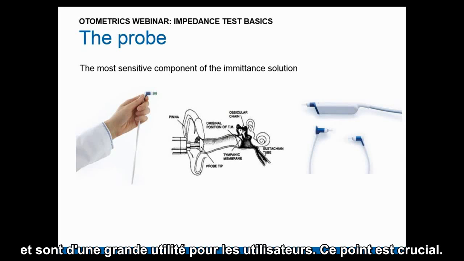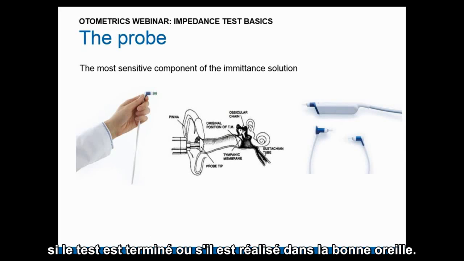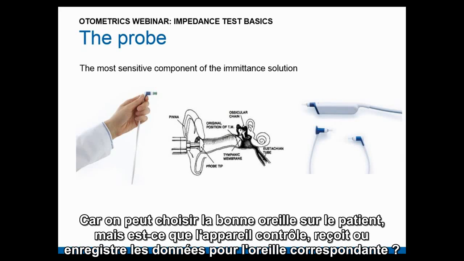That's very sensitive because we know when the test is performing, when we have an issue with the sealing, when the test is finally done, or even if the test is recorded in the right ear, because you can choose the right ear on the patient, but is the machine controlling or receiving or storing the data for the right ear?